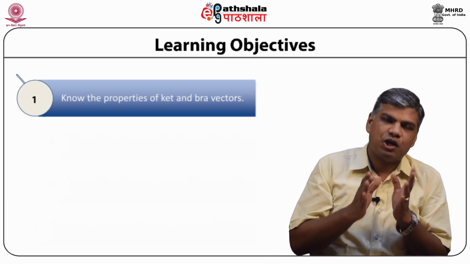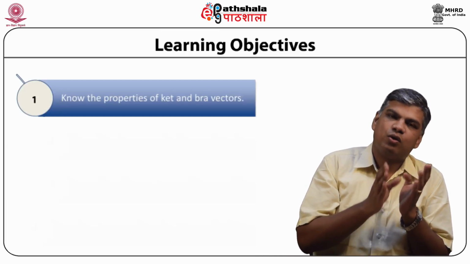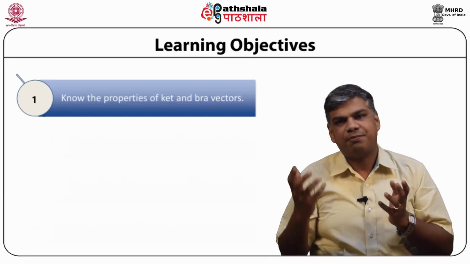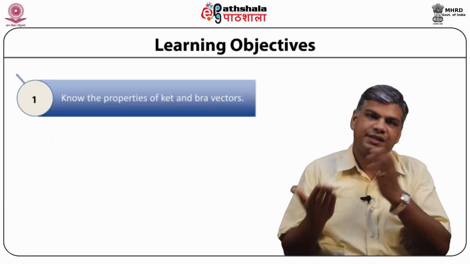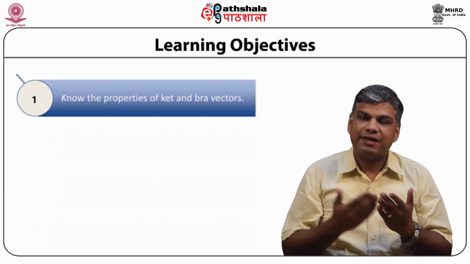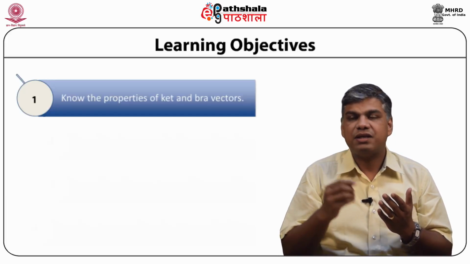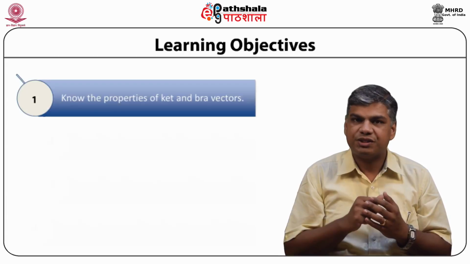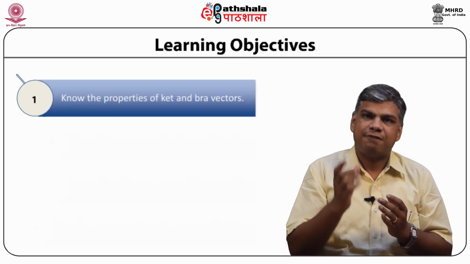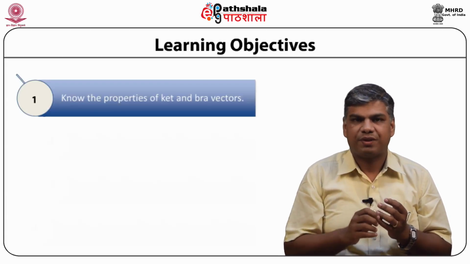In that, we'll first define what is a Ket vector, what is a Bra vector, how the Ket and the Bra vectors are related to each other, and this will lead to some interesting observations, particularly if we are considering the same vector.